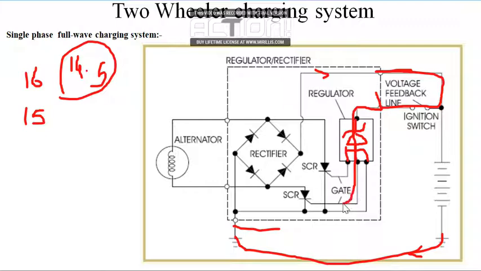Okay, it triggers the SCR here, it also triggers the SCR of this, means SCR1 and SCR2 both get triggered at reverse bias whenever they are supposed to conduct. It comes into reverse bias when the Zener voltage of 14.5 is exceeded by our source voltage, means our source voltage is supplying more than 14.5.